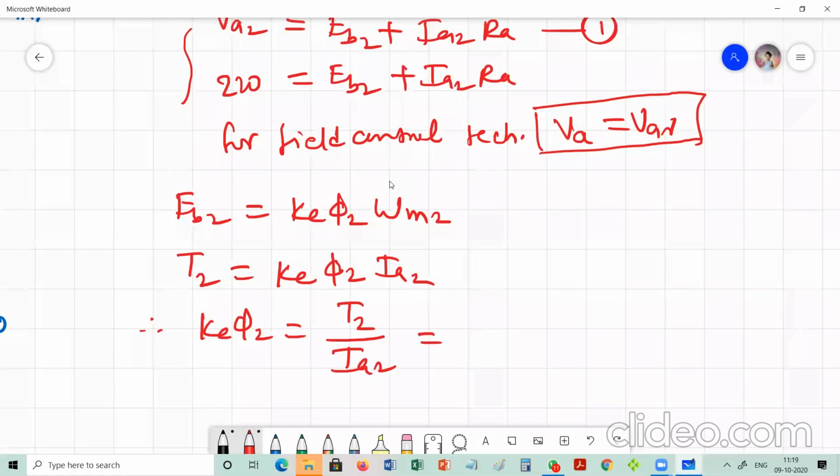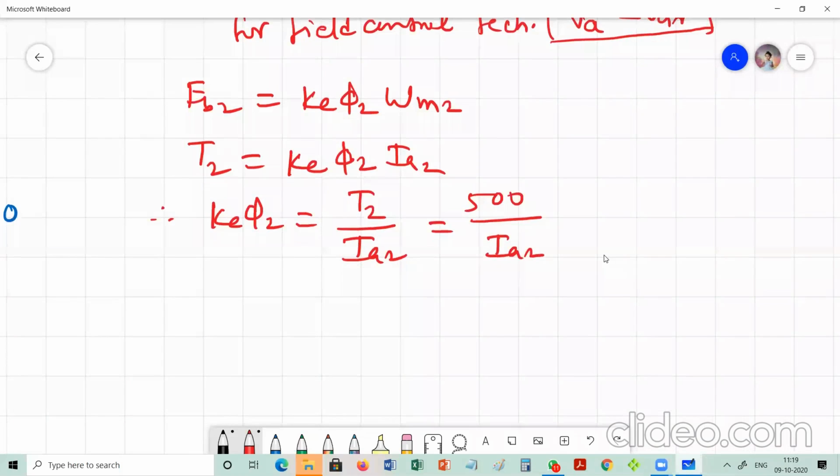We have calculated T2 as 500, so KE phi 2 is 500 divided by IA2. Therefore EB2 is equal to 500 divided by IA2 into omega m2.